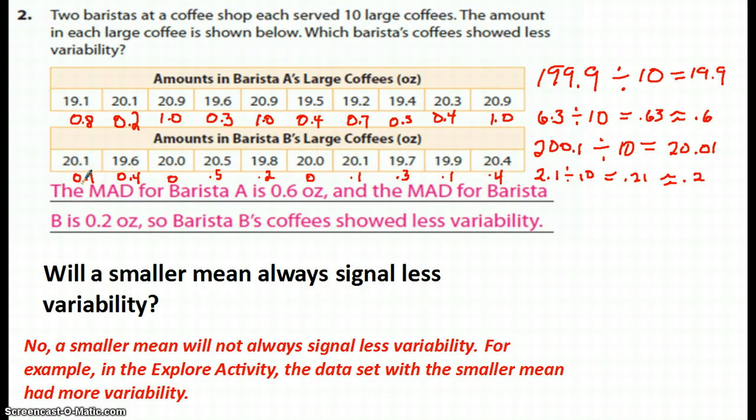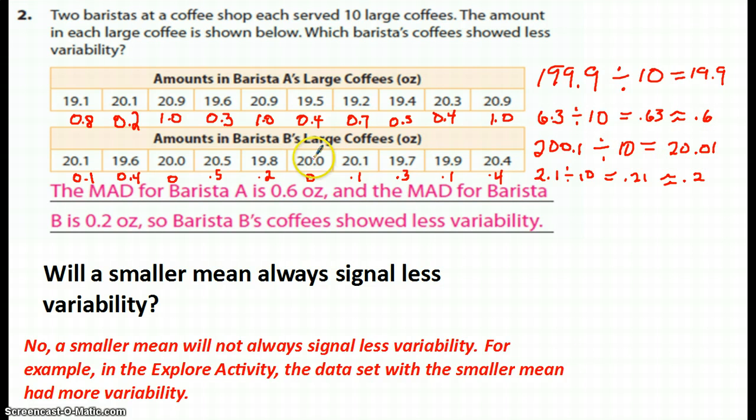Here, you add these up and divide by 10, and you should get 20.01. Okay, so if we round these up, you can round this to 20, you can round this to 20.